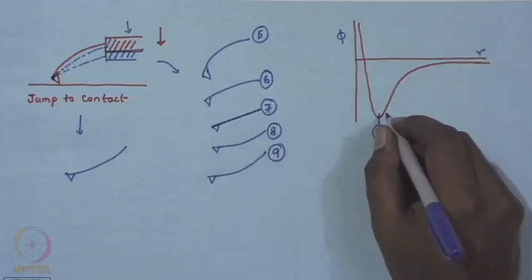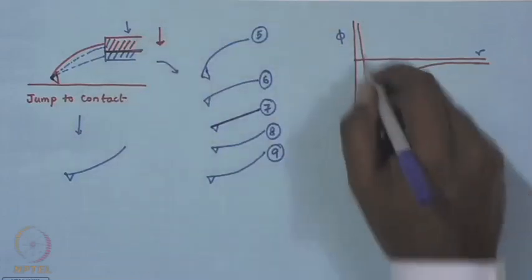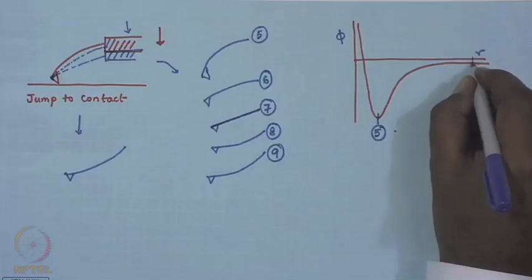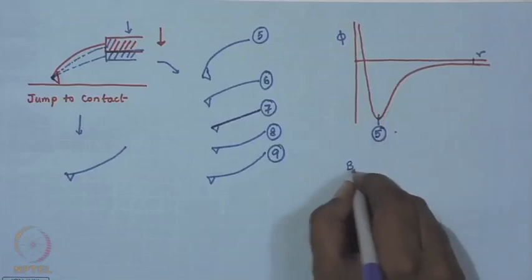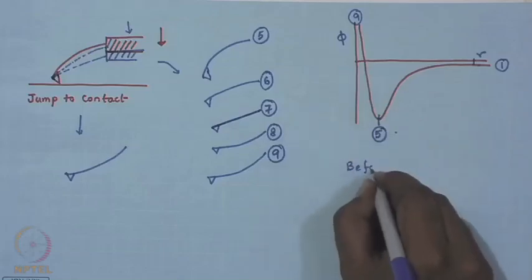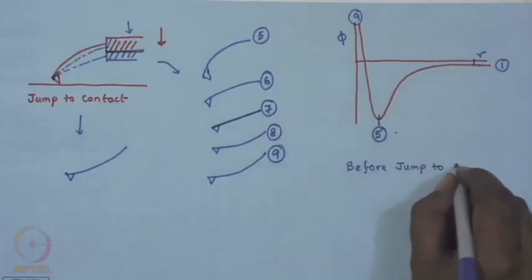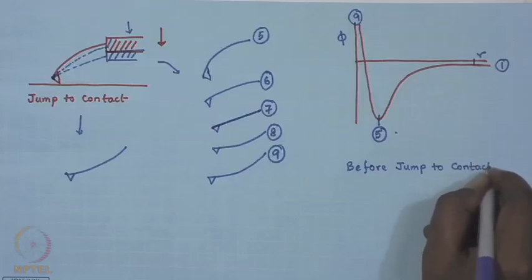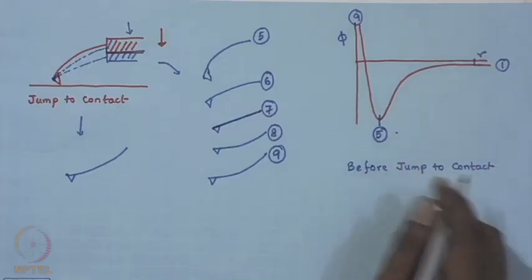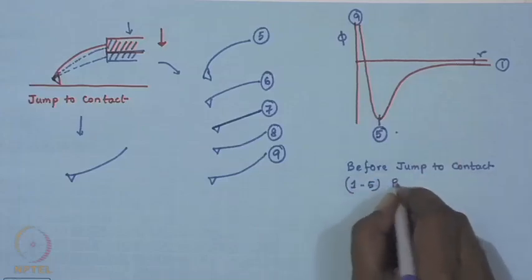Beyond 5, you need to understand that any push imparted by the stepper motor puts you in the repulsive regime. So, before jump to contact, the motion of the tip, or the interaction, was following the 1-5 part of the curve.